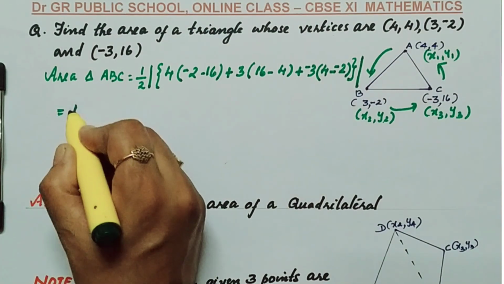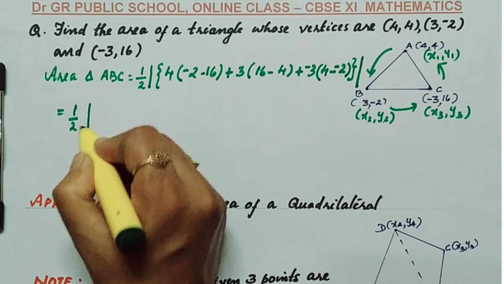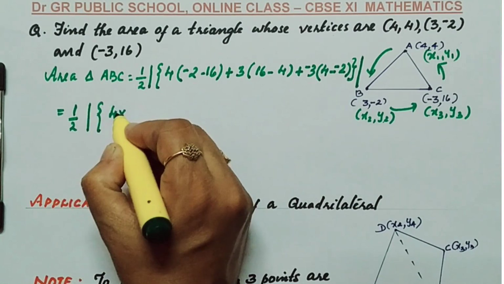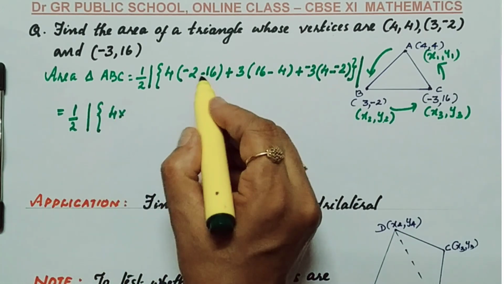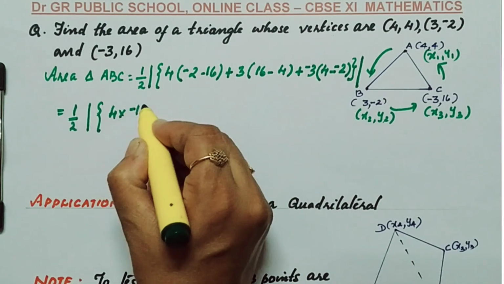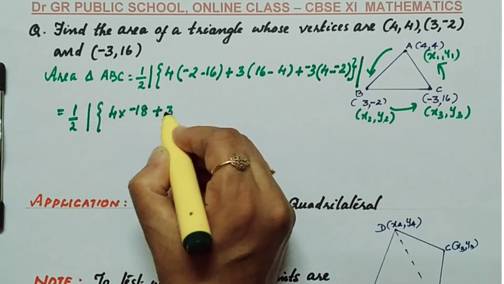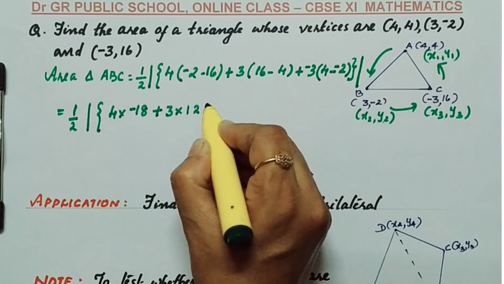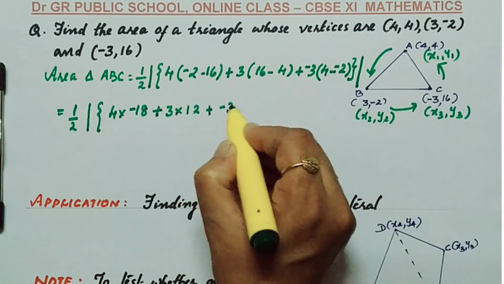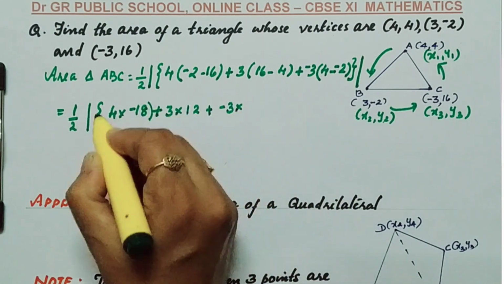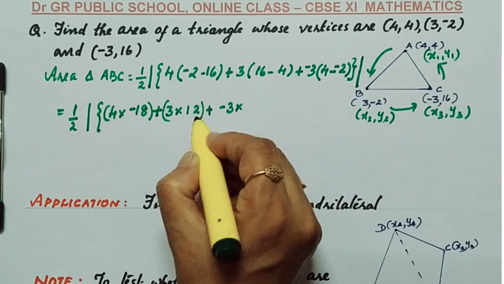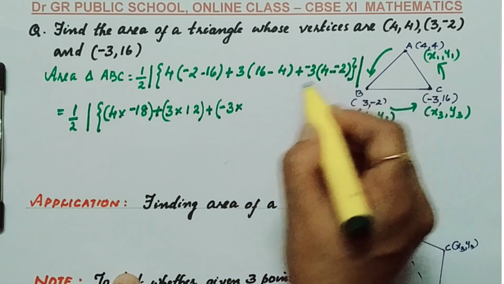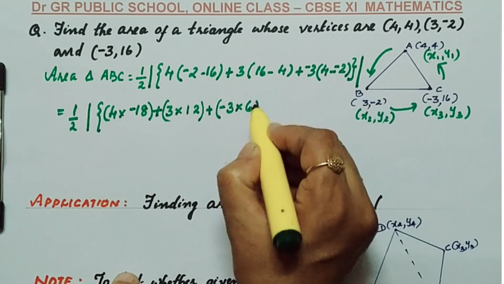Equals half into, we can simplify this, modulus of, within the bracket, 4 into minus 2 minus 16 is minus 18, plus 3 into 16 minus 4 is 12, plus minus 3 into, so this is the first term, this one the second term, minus 3 into 4 minus (minus 2), that is 4 plus 2, 6.